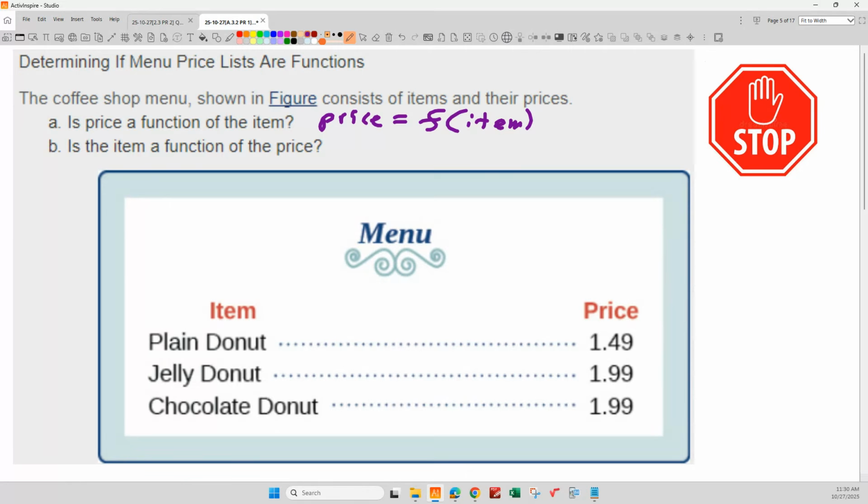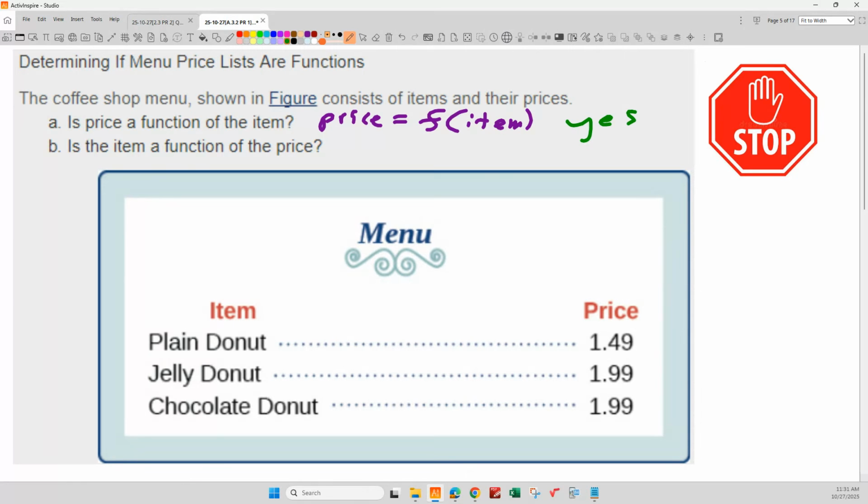One. No matter which of these donuts I input, the menu only outputs a single price. So is price a function of the item? Thumbs up or down? It is. Absolutely it is, because inputting an item always gives you exactly one output. So the answer is yes.